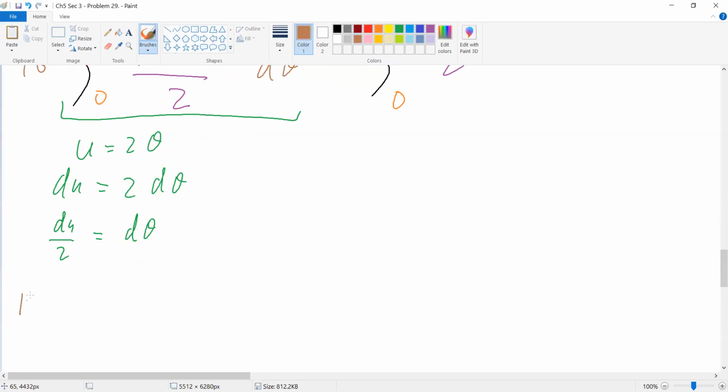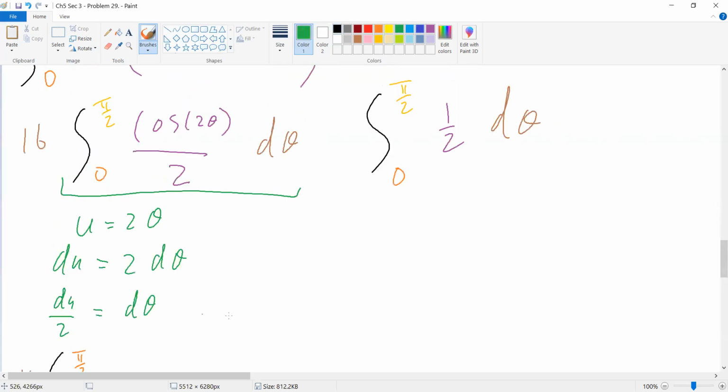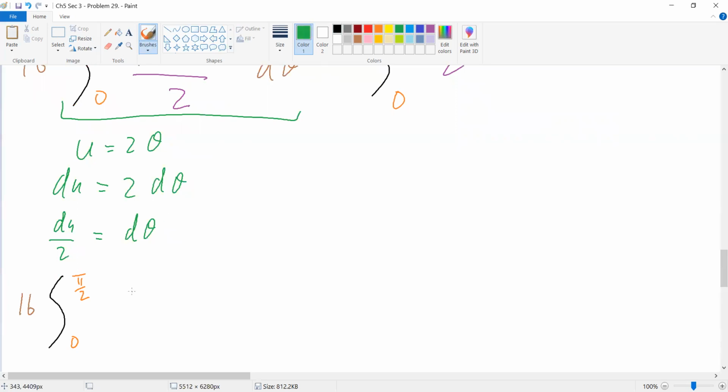Secretly, I still have the 16 on the outside. I'm going to rewrite the statement using the u substitution. So I still have the integration from 0 to pi over 2. I have a quick u substitution. Okay, I'm going to get our cosine.